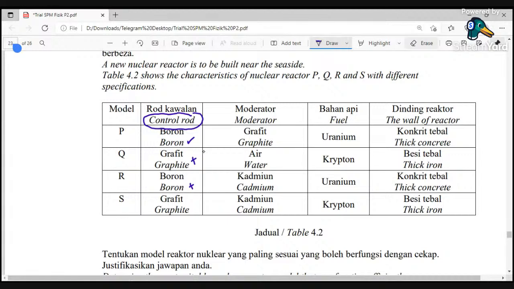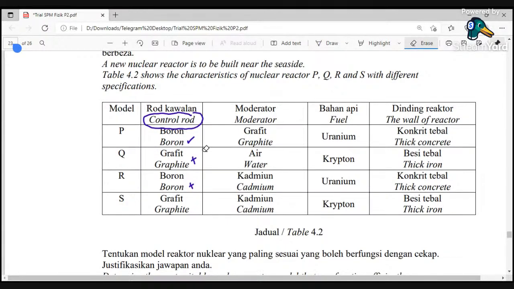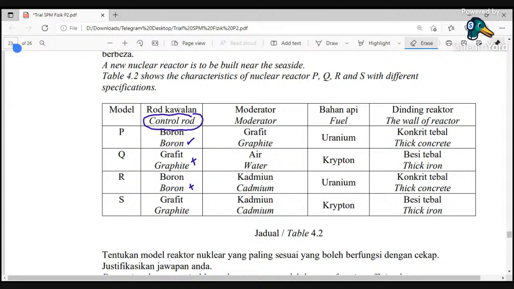Sorry, I choose this one, graphite. Okay, moderator is graphite. Okay, fuel, you use uranium. Heavy nucleus. We cannot use krypton.